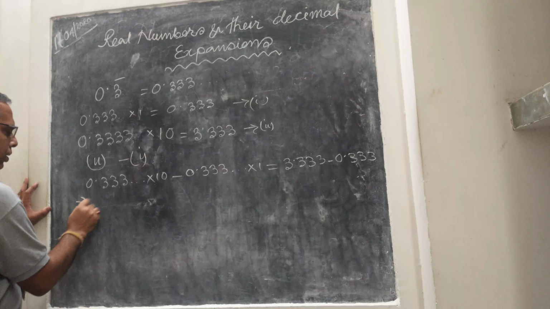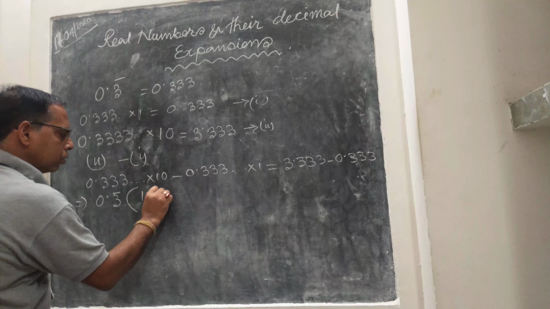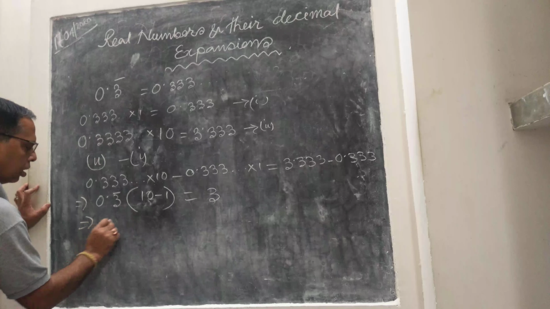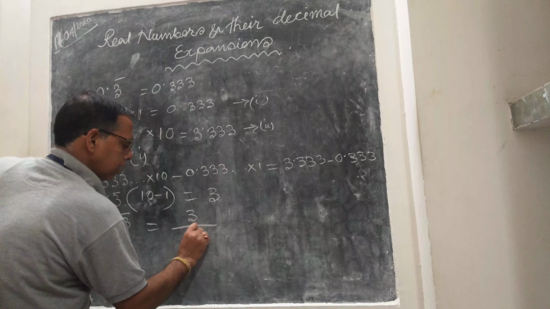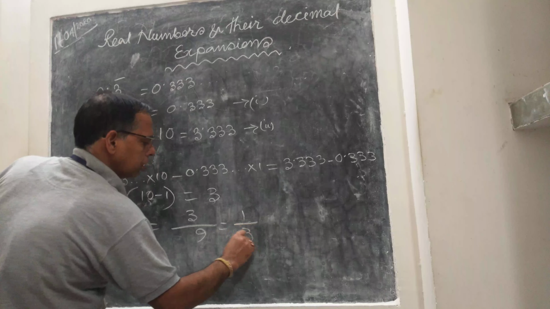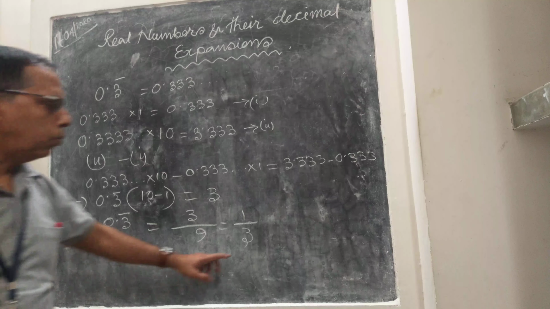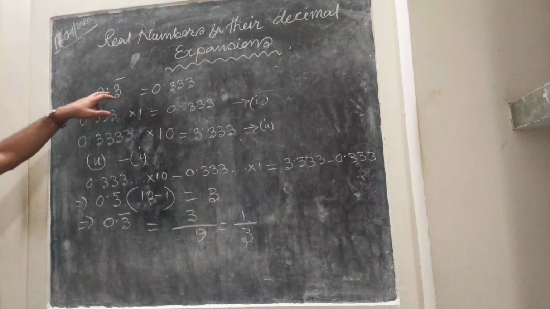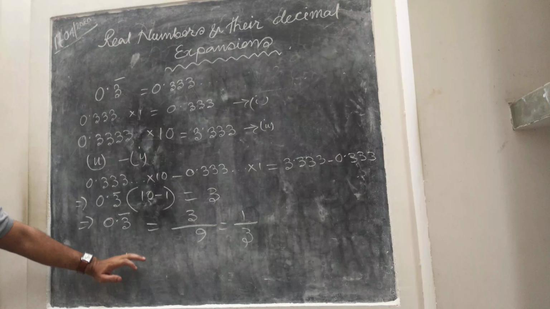Then ultimately, 0.3 bar, take common, 10 minus 1 equal to what? 9. So 3.333 minus 0.333 equals 3. Then ultimately 0.3 bar equal to 3 by 9 equal to 1 by 3. Did you get the same thing as in my last example? So this is the way to convert a recurring decimal into a fractional number.